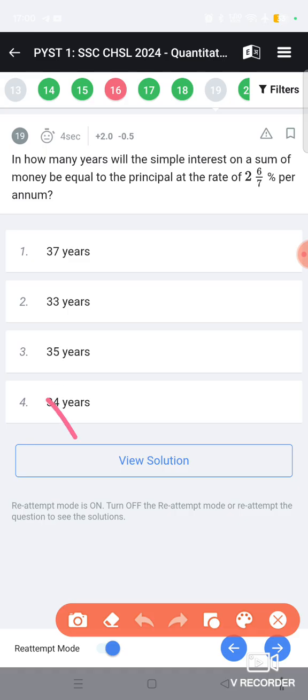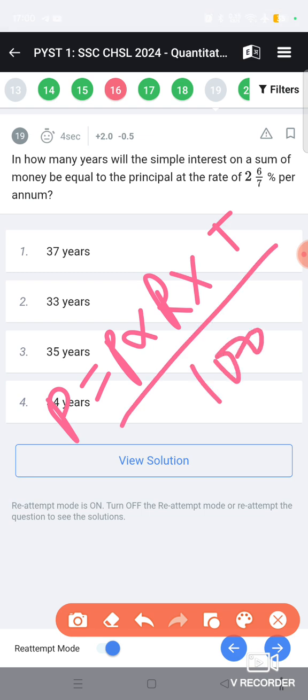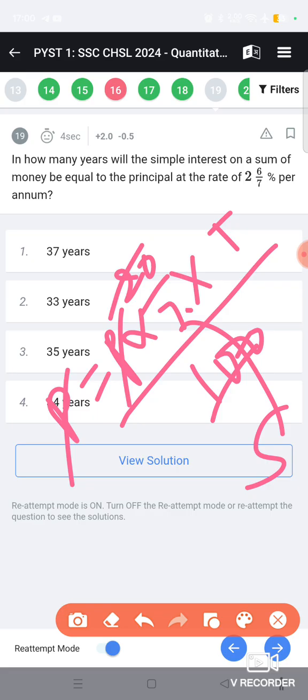Let's say the principal is P and SI is P. Then SI equals P, that is P equals P into R into T by 100, and the value of R is 7 into 2, 14, 20 by 7. P, P cancel, then T is equal to 5. 7 into 5 means 35.